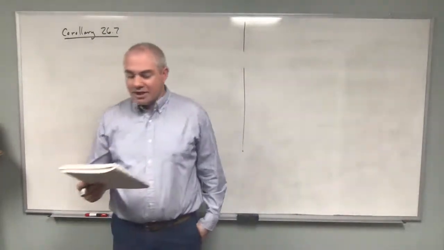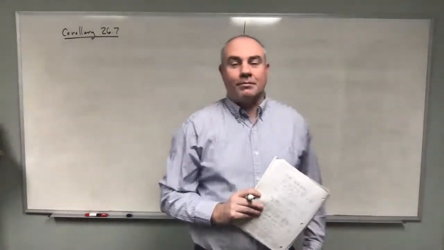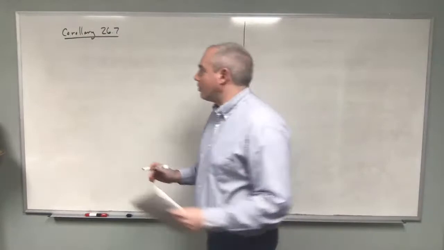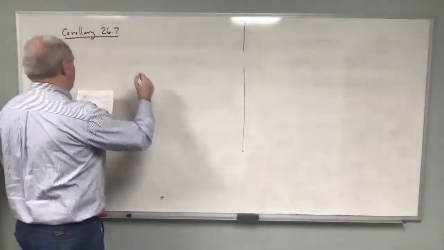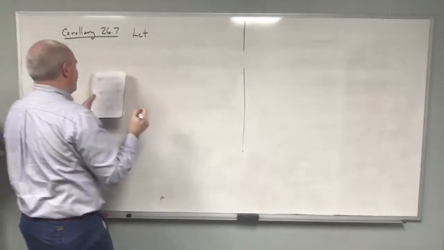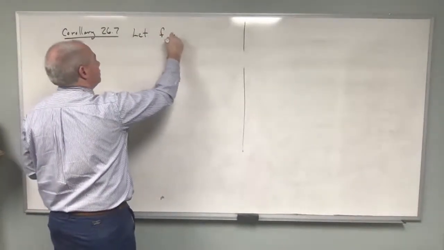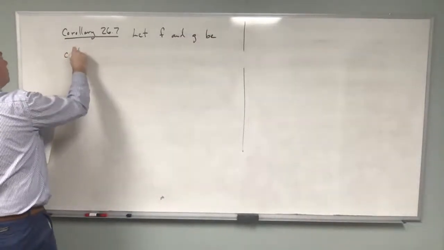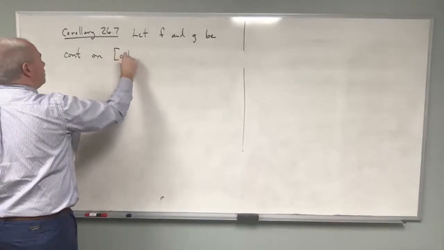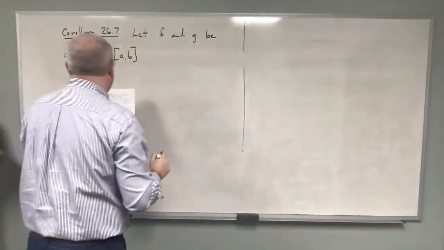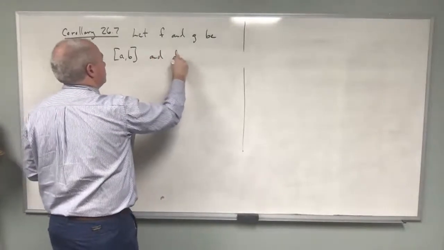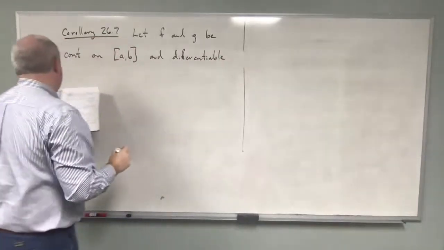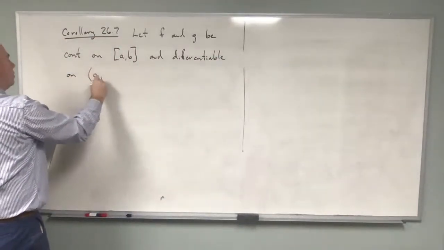So we're still in section 26, and we've been learning about the mean value theorem and things like the mean value theorem. Today we're going to start with a corollary, so let me write it down. The corollary is: let f and g be continuous on [a, b] and differentiable on (a, b).